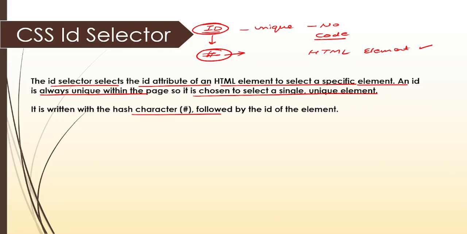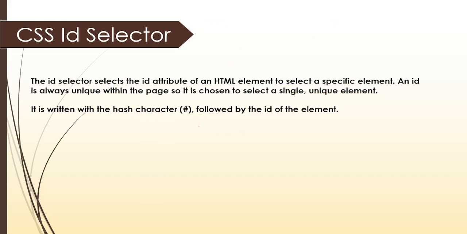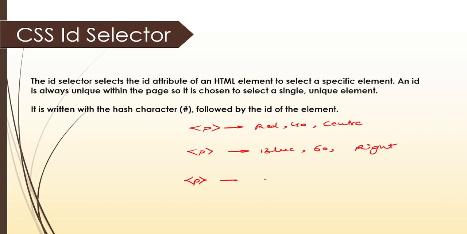Before moving to the practical section, let's take an example. In this particular paragraph, I want to give it a red color, 40 font size, center alignment. In another paragraph, I want it in blue color, 60 font size and right alignment. And I have one more paragraph and I want it to be in red color, 40 size and center alignment, the same as the first.